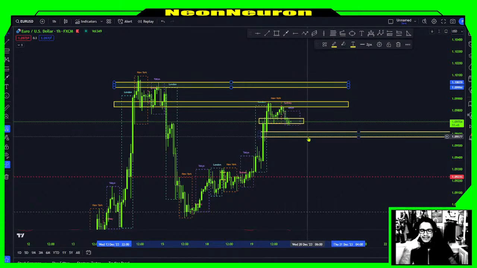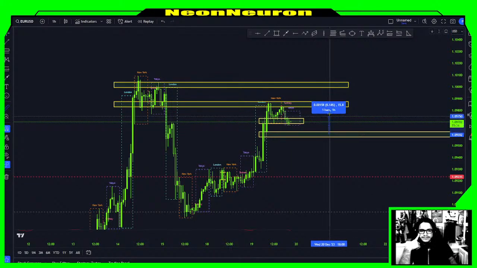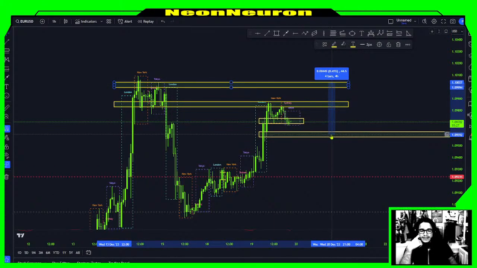So we want it to come down here, reject or bounce off support, and then break all this resistance to challenge this high right here. So that would put us at about 40 pips right there if we started buying here and then just took it all the way up. That would be pretty good. A pretty nice trade.